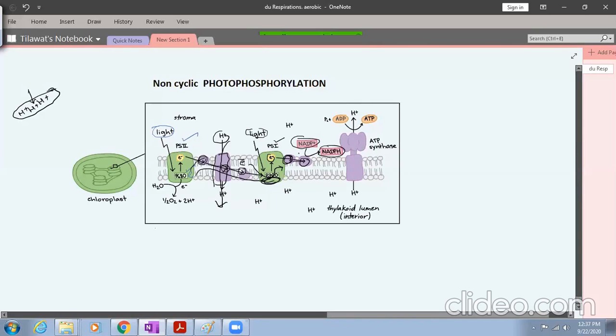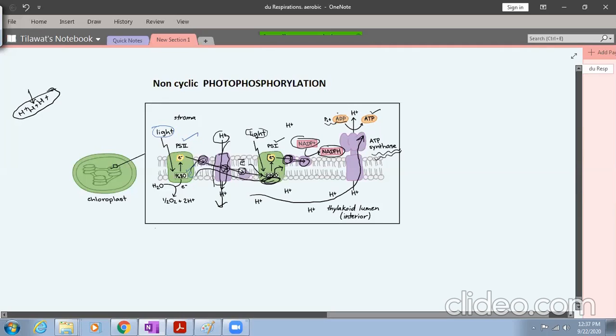Am I clear? Now come toward this point. When hydrogen is pushed from out to in, this hydrogen ion will go back from the lumen to the stroma through the ATP synthase enzyme. When it is moving back through ATP synthase, ADP will bind with phosphate, so phosphorylation will happen, and ADP will convert into ATP.